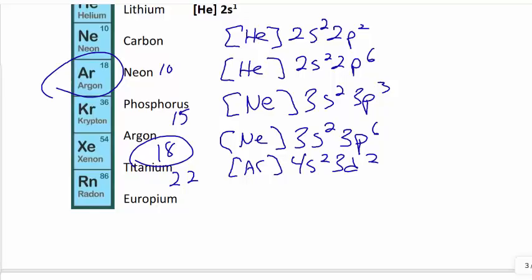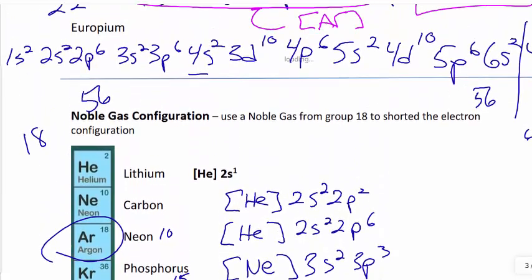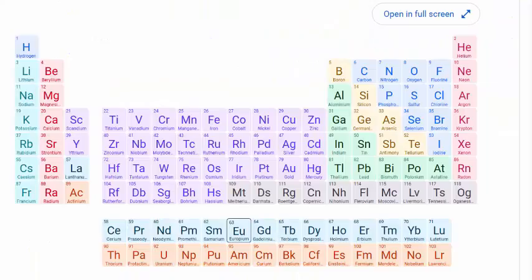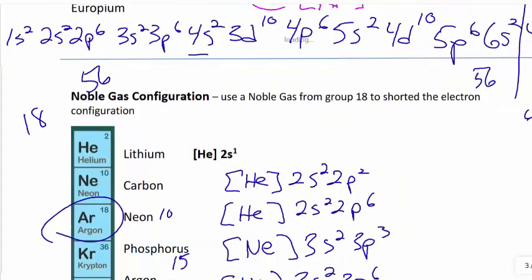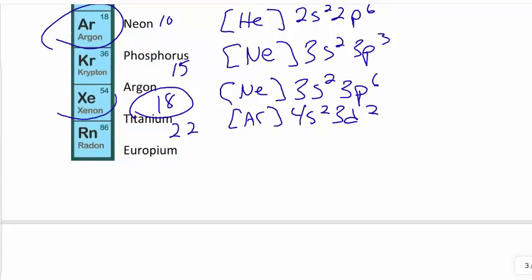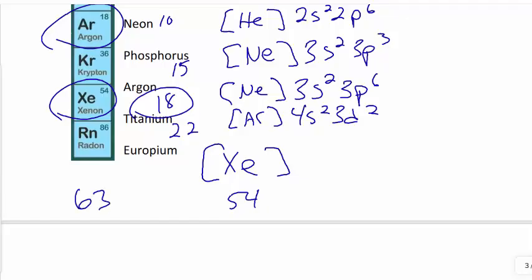Okay, europium, that big long one that we did earlier, had 63 electrons. So we're going to use xenon to shorten it, and that should shorten it a lot. The first 54 electrons would be because of xenon. And if we're trying to get to 63, then we need 9 more electrons.